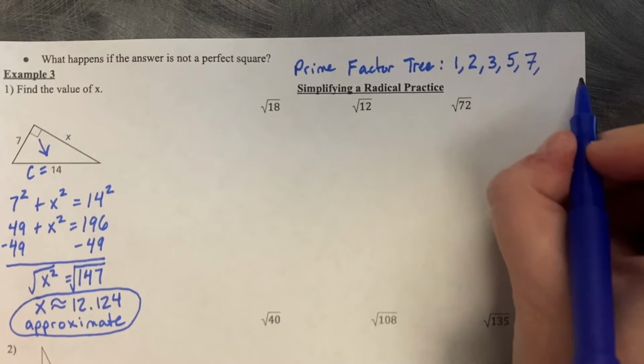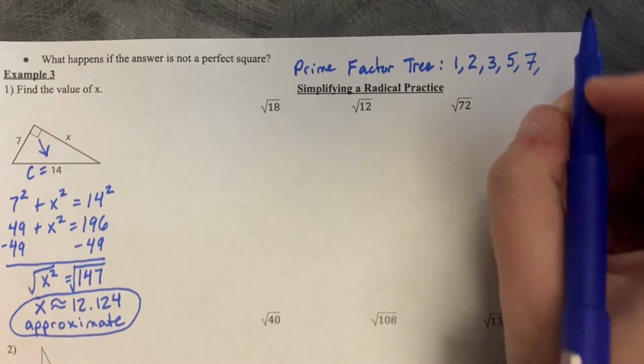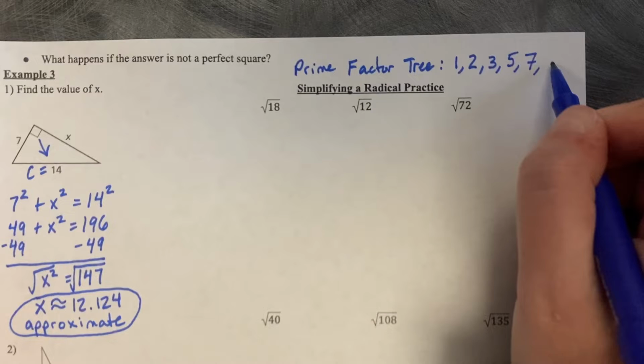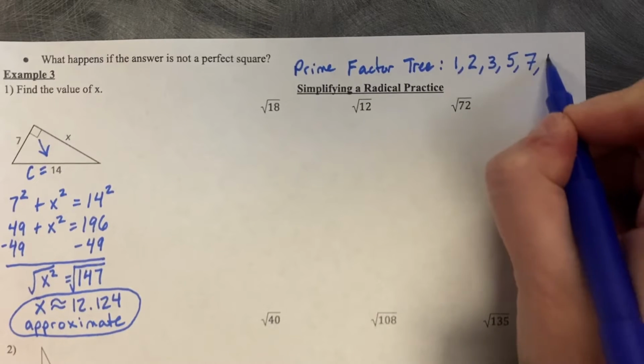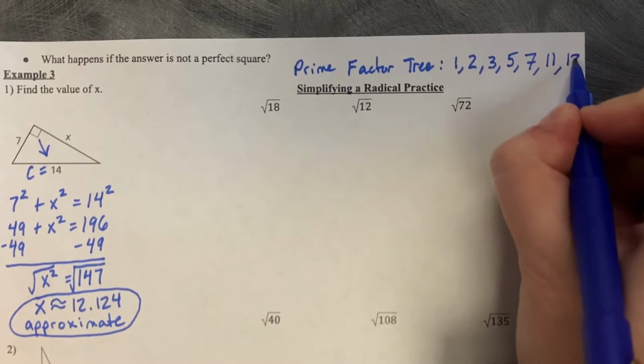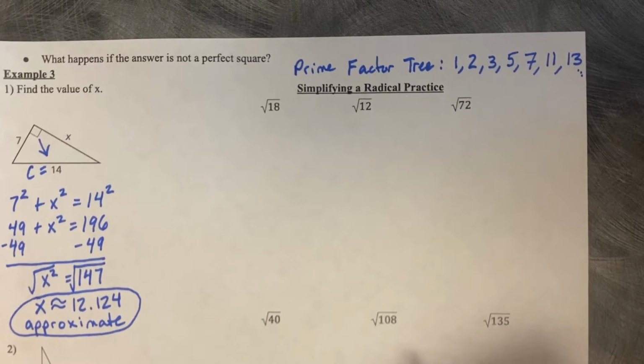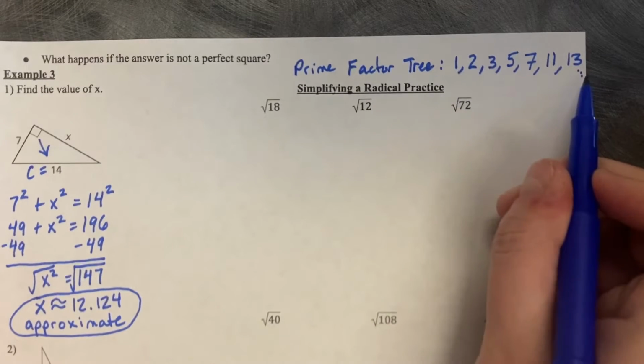And then it continues on. There are infinitely many prime numbers in the world. Let's just list 2 more. 8 is not, 9 is not, 10 is not, but 11 is a prime number. 12 is not, but 13 is. That list continues on forever. There are lots of prime numbers out there in the world.